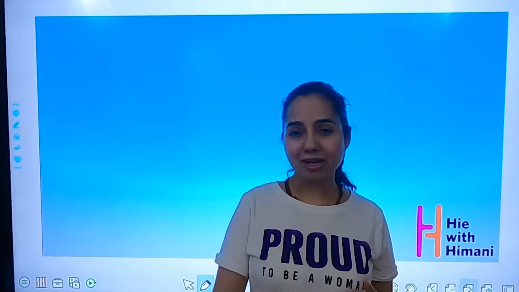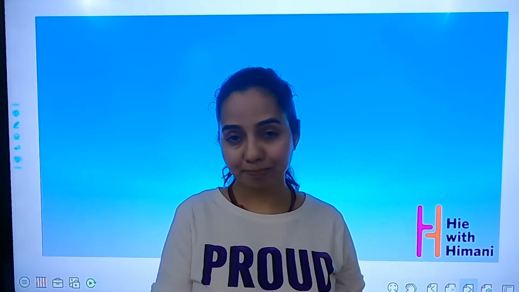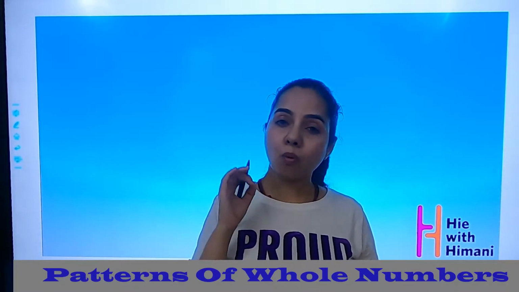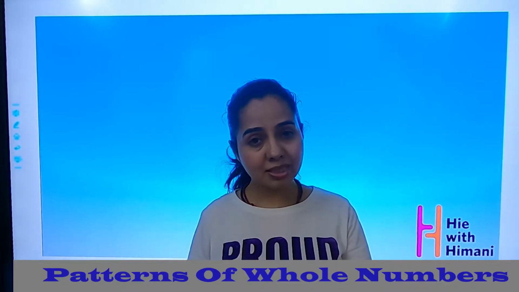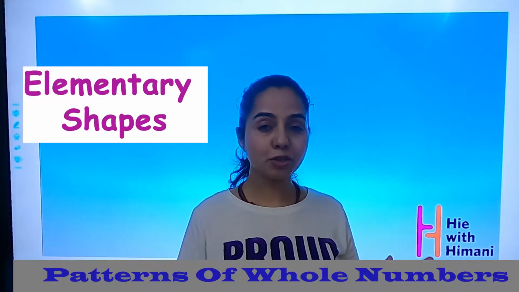Now, a very interesting topic. That is the last part in your NCERT books. That is the patterns of whole numbers. What is told here is that the numbers are represented into elementary shapes using dots.